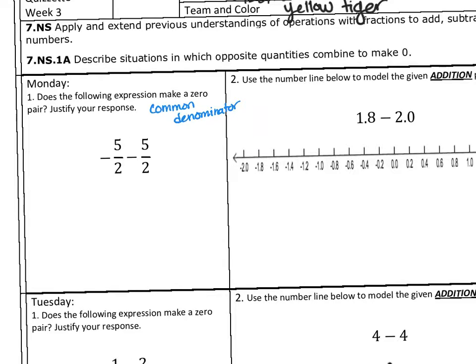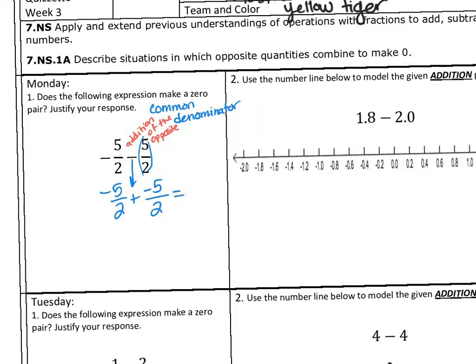Remember, we have to change subtraction to the addition of the opposite from now on. So every time you see subtraction, you have to change it to addition of the opposite. The first number stays the same. The subtraction changes to addition, and the 5 halves turns into negative 5 halves.